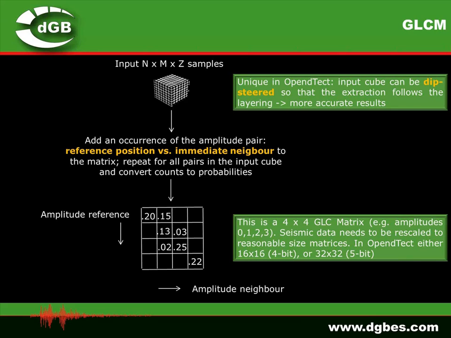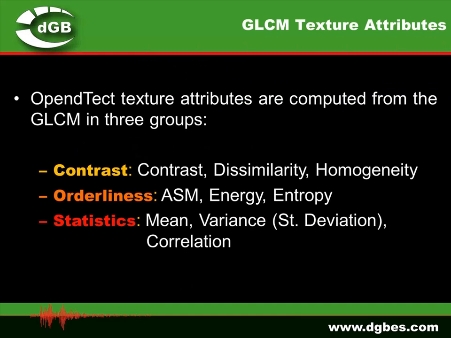The extraction is then using the dip information, so it gives much more accurate results. Among the texture attributes, we can divide them into three groups: contrast, orderliness, and statistics. And in each group, the attributes are highly correlated.